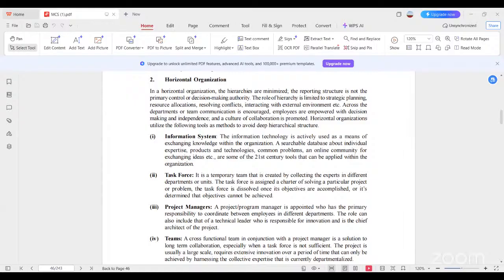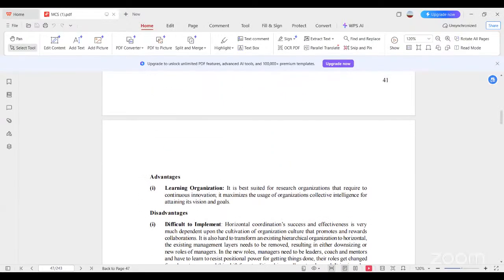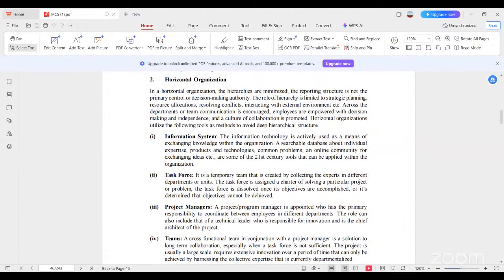Now, what are the key features of the horizontal organization? Very minimal hierarchy, decentralized decision making, strong interdepartmental communication, employee empowerment, and a focus on innovation and learning. But why will an organization adopt this horizontal structure?